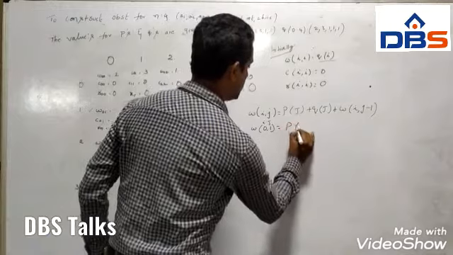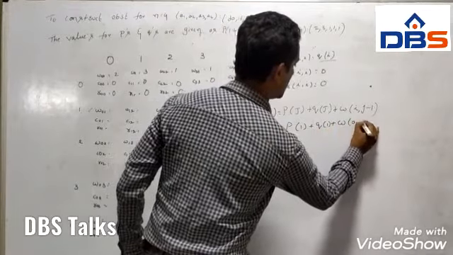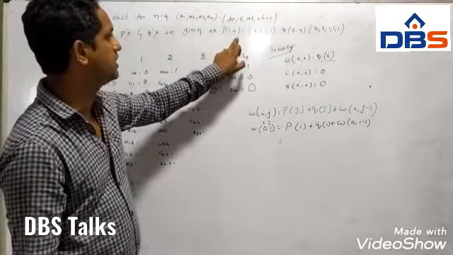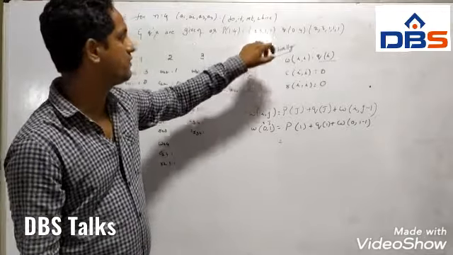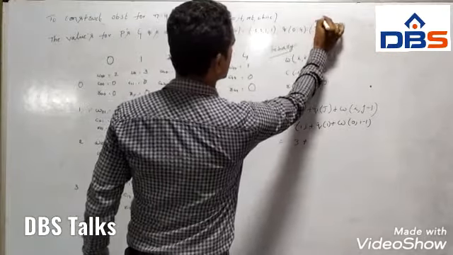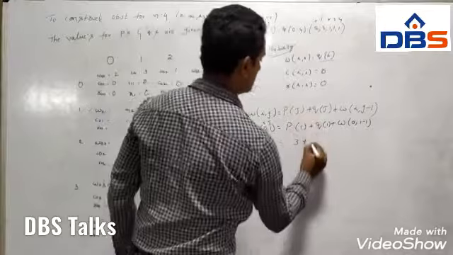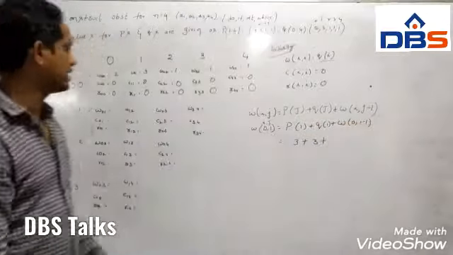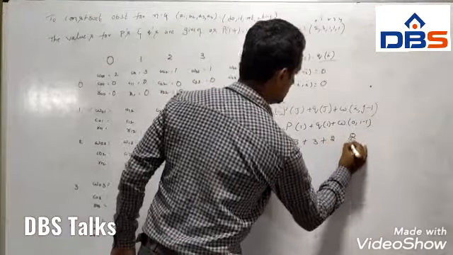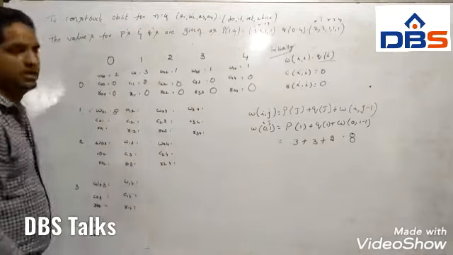P of j, that is P of 1, plus Q of 1, plus W of 0 comma 1 minus 1, that is W of 0 0. The values given are P of 1 to 4 as 3, 3, 1, 1. So P of 1 equal to 3, plus Q of 1 equal to 3, plus W of 0 comma 0 equal to 2. So W of 0 1 equal to 8.